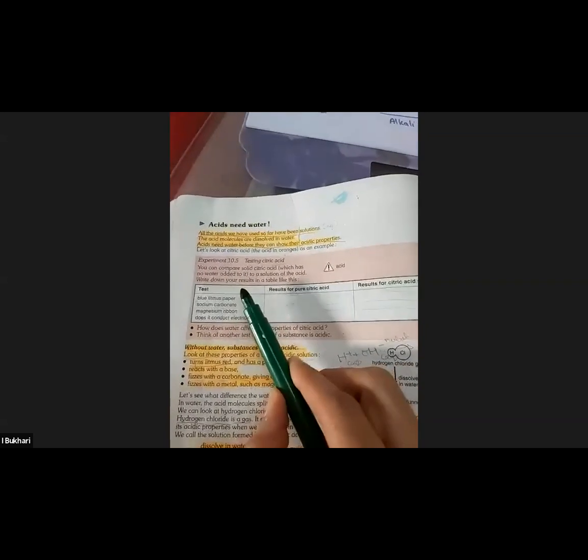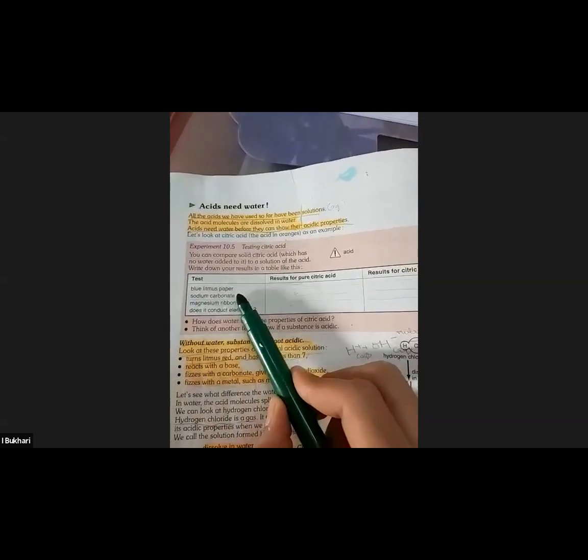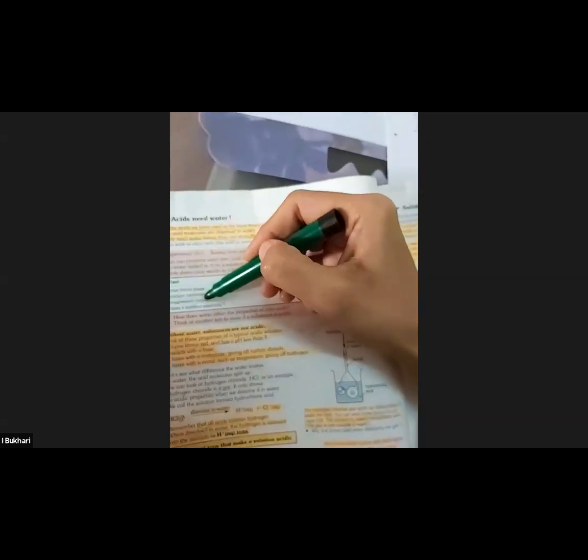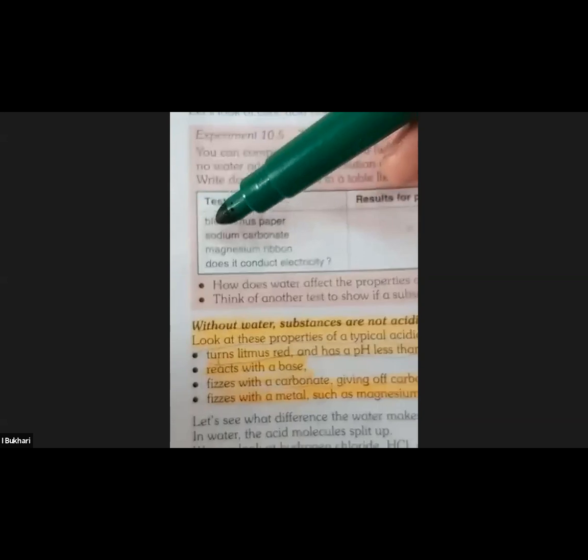And what are the tests they are using? They are using the indicator test, and they are also using the acid reactions that we just studied: acid reaction with metals, magnesium ribbon, and acid reaction with carbonate, and they're using sodium carbonate.